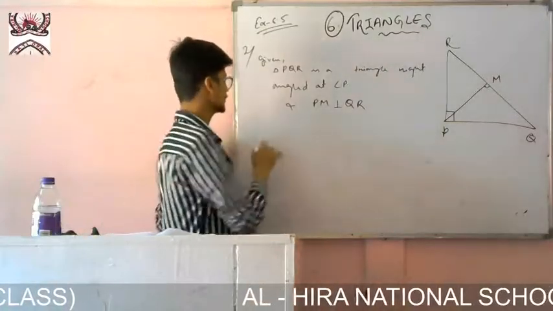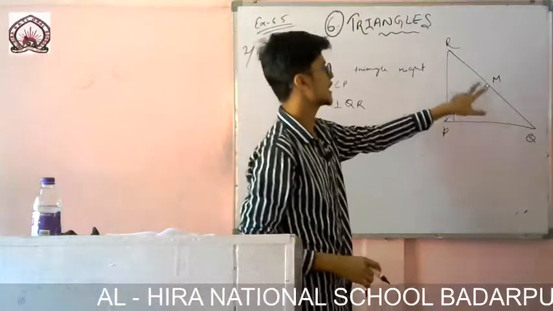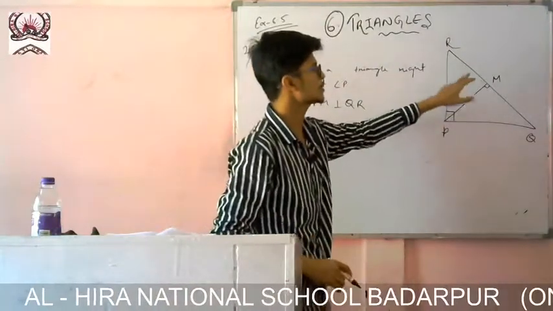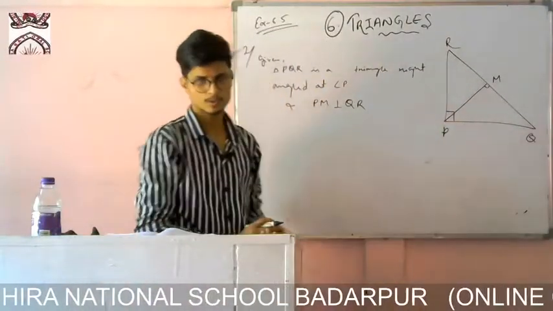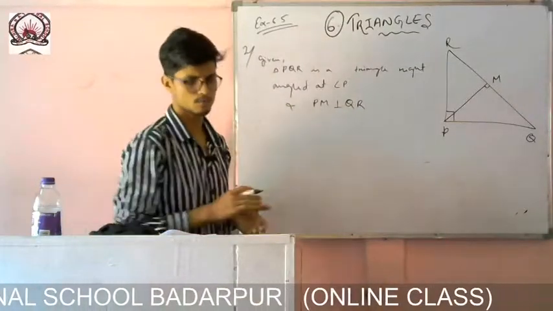We know that if I draw a perpendicular, then these two triangles are similar, and the whole one is similar to this one and to that one also, which I said at first before starting the class, the first theorem which I discussed.